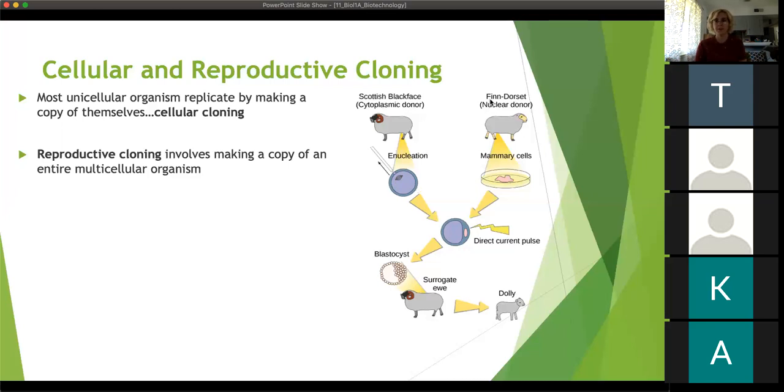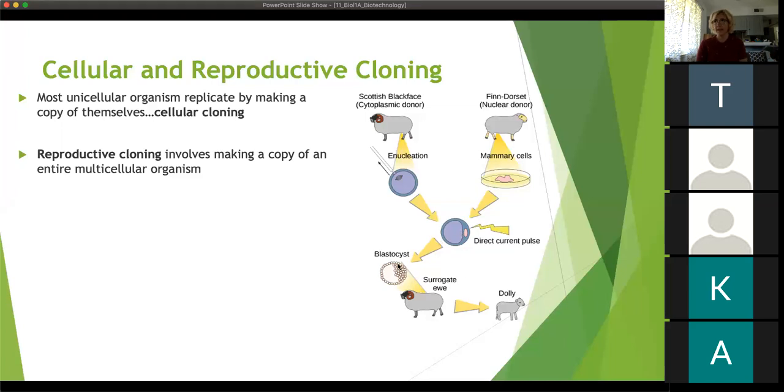Then they took another breed of sheep called a Finn Dorset sheep, and they took mammary cells and they basically electrocuted everything together and got the nucleus from the mammary cells into this enucleated cell from the Scottish blackface.